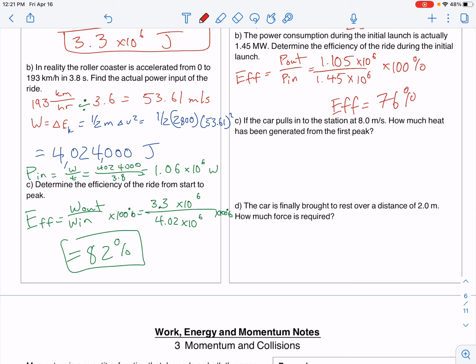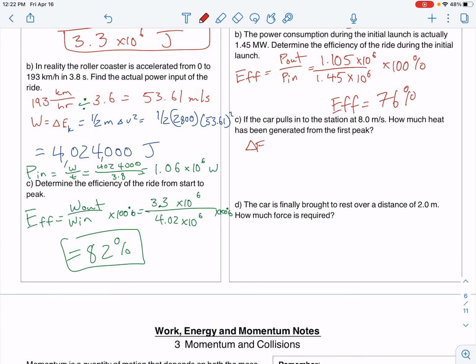Okay, if the car pulls into the station at 8 meters per second, how much heat has been generated from the first peak? Or it could be since the first peak. So in a perfect world, change in energy is 0.